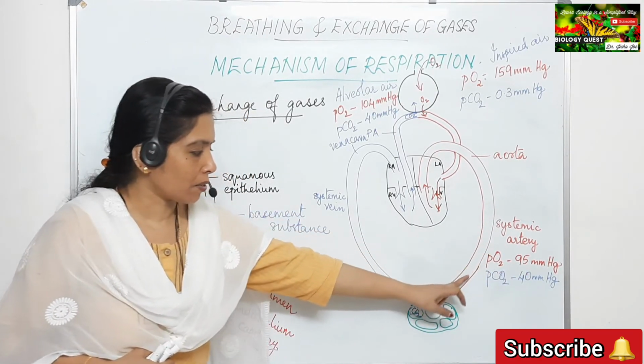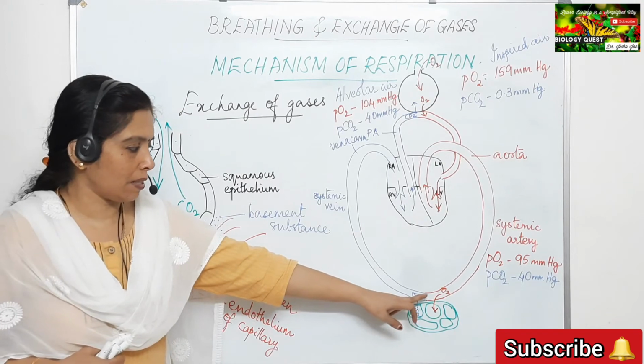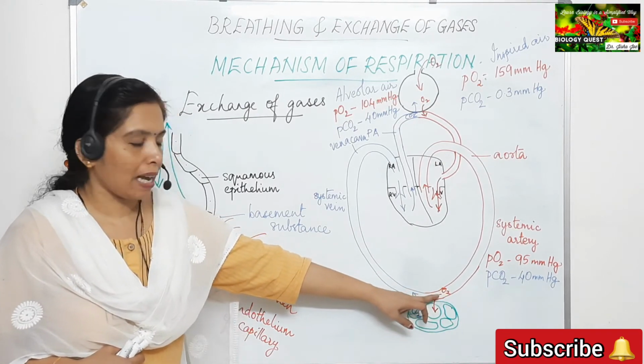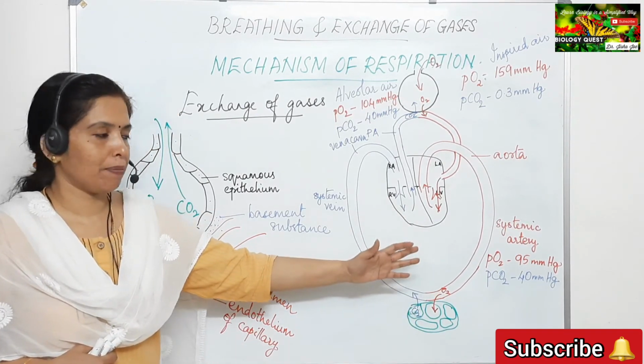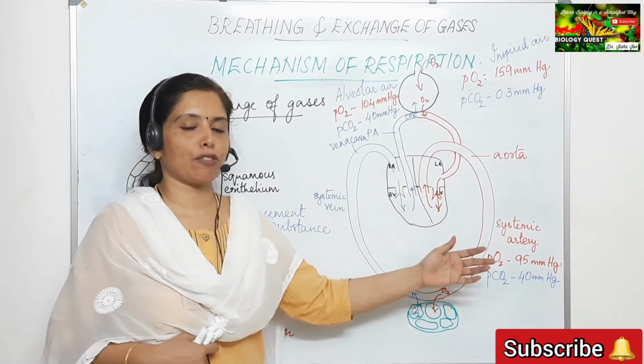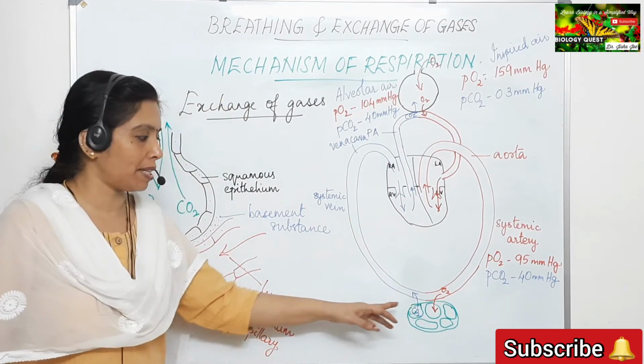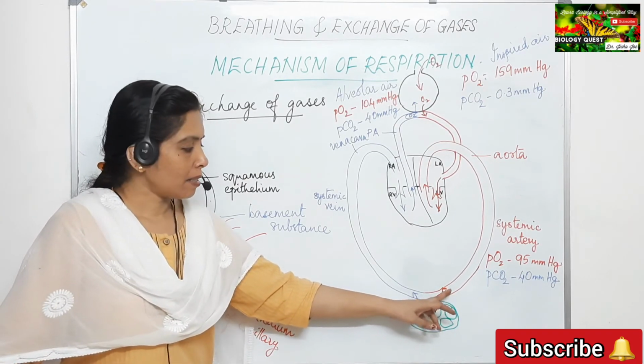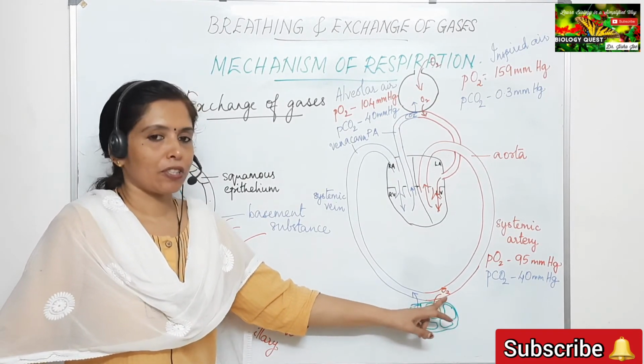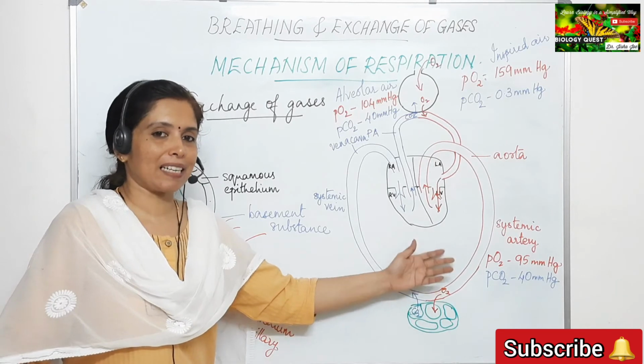So, it is the artery that brings the oxygen rich blood, and at the capillary level, as I told you in the beginning, the arteries divide to form arterioles. Arterioles divide to form finer branches which are called capillaries, and in the capillaries again the partial pressure of oxygen will be greater.